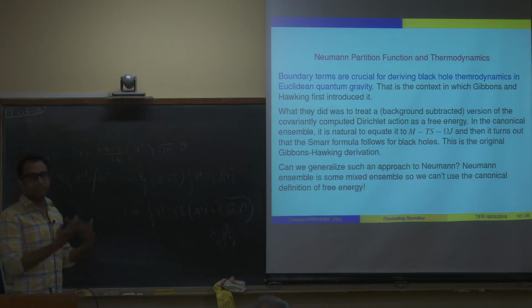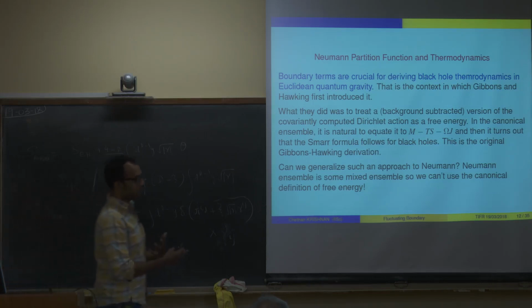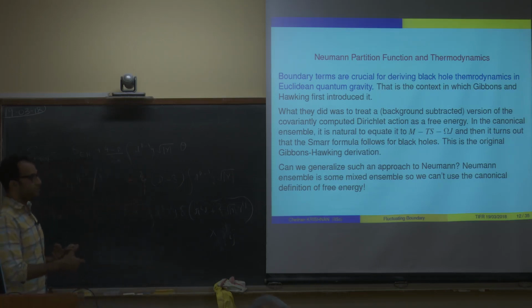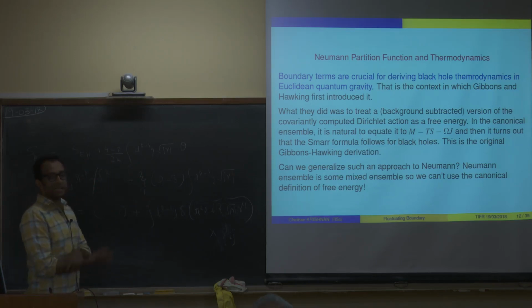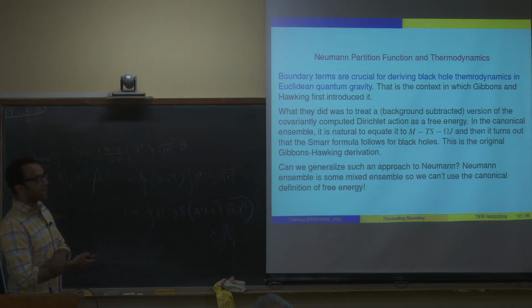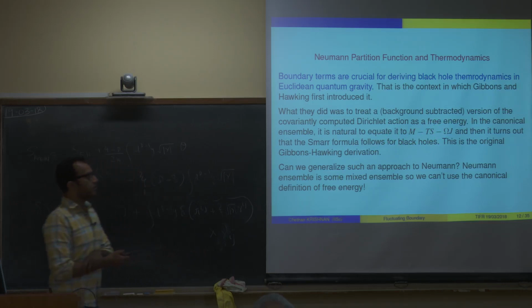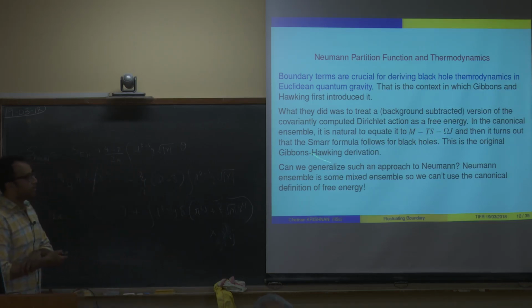The point that I want to emphasize is that classical black hole thermodynamics, both the Smarr formula as well as the first law of black hole thermodynamics, are highly classical equations. The only place where quantumness goes in is when you want to define a Euclidean partition function.